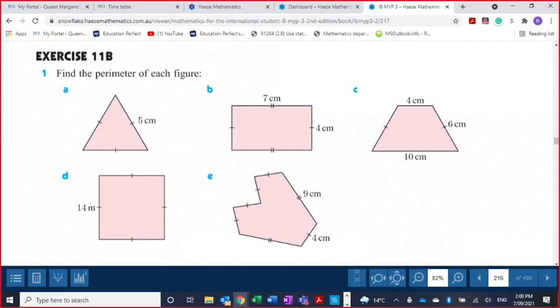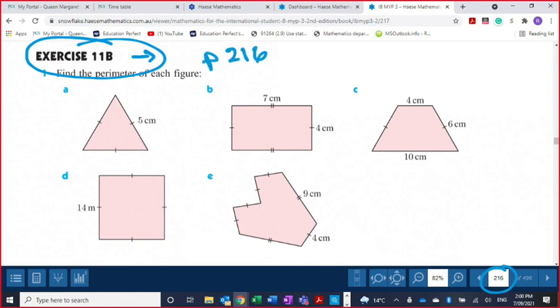Another thing that I really want you to focus on here is make sure you're watching your units. Okay? So, for your work today, I want you just to complete exercise 11B. It's on page 216 in your book on Snowflake. So you can work on that and get those done for me.